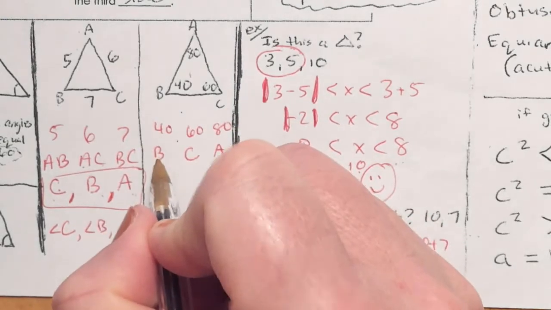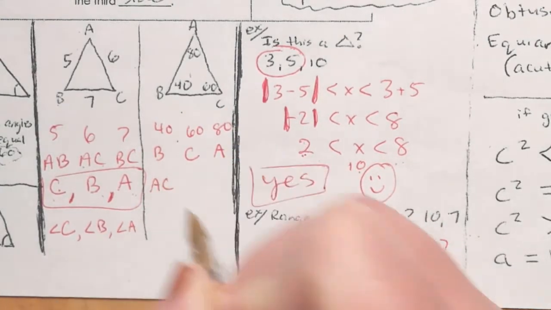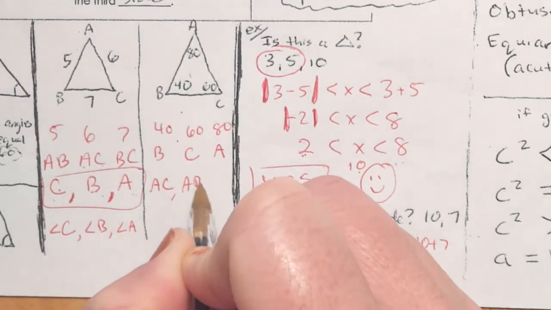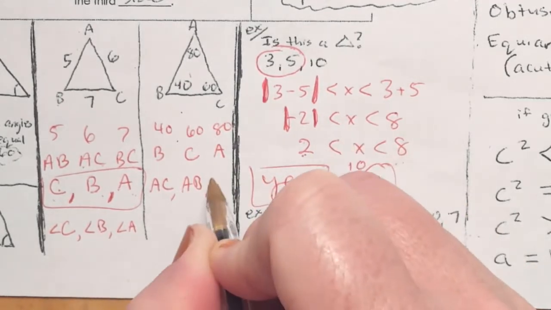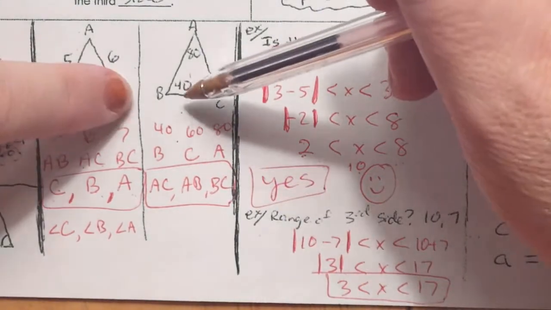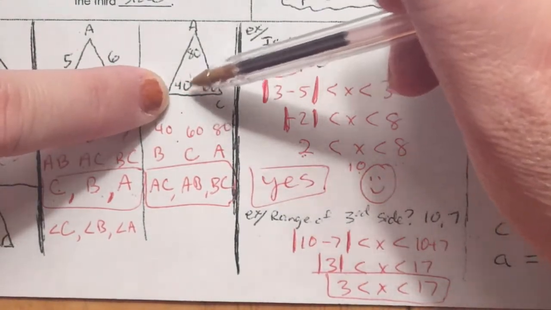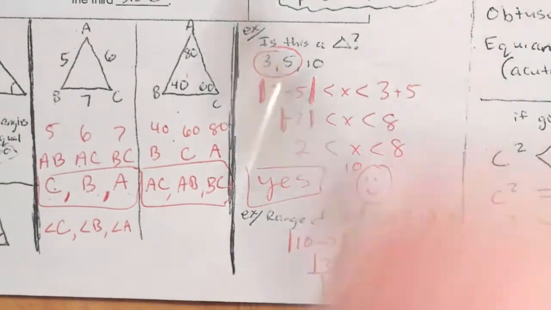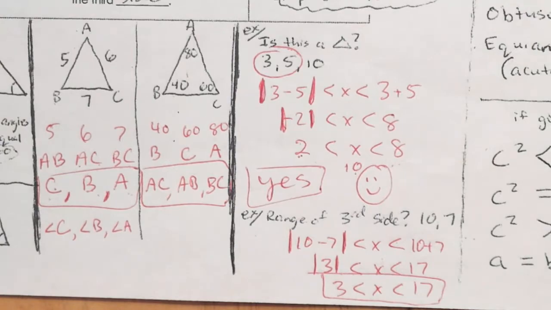So if I have B, what's missing? A, C. If I have C, what's missing? A, B. If I have A, what's missing? B, C. And that's your final answer. So what you're saying is 40 was the smallest angle, and it would project the smallest side. Simple as that. Okay, so those are all the ideas we're doing today.